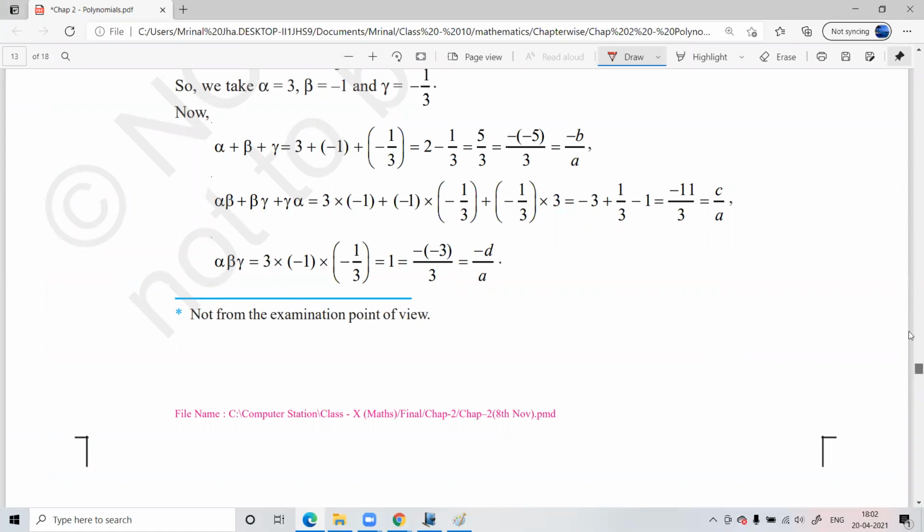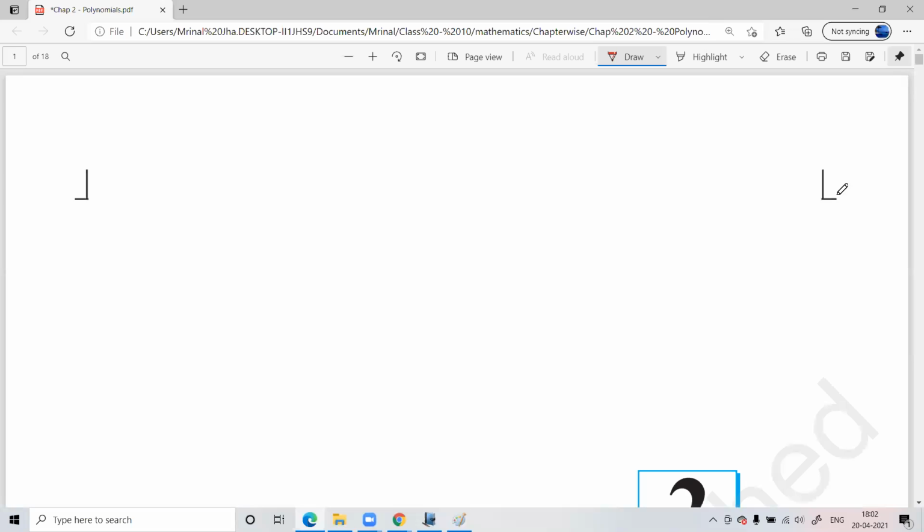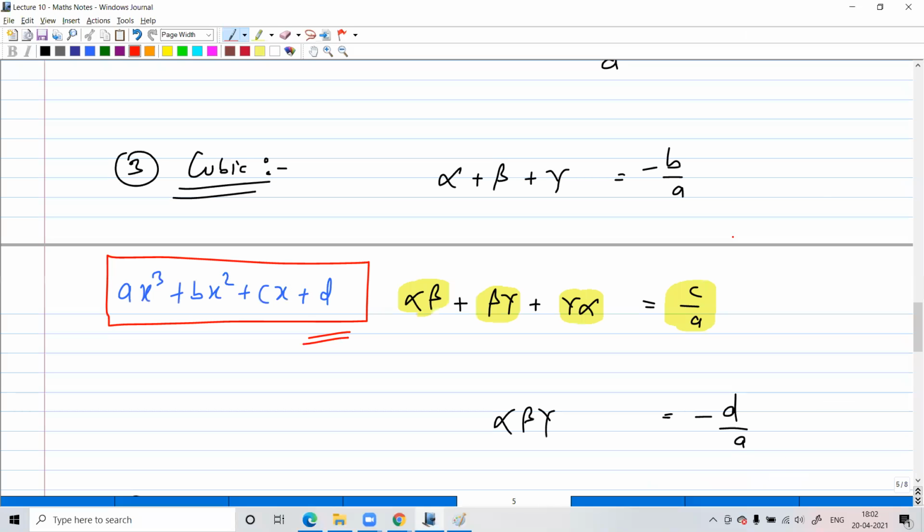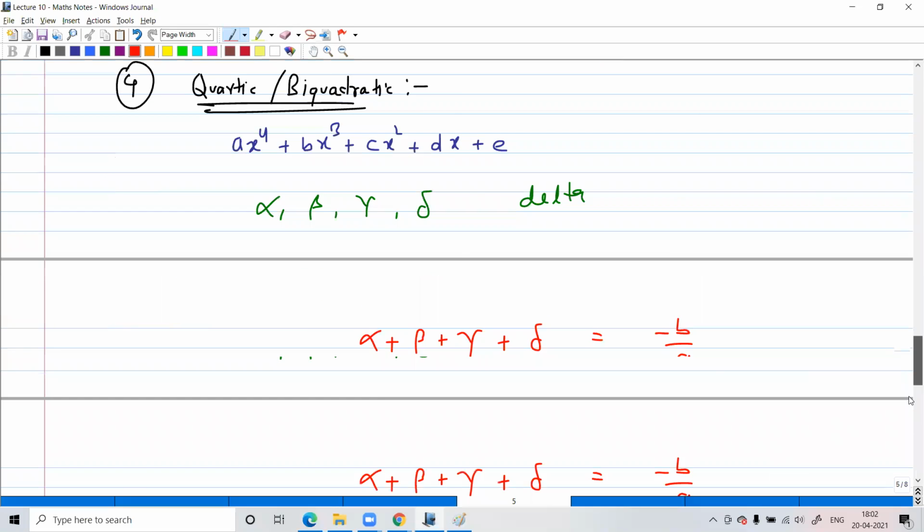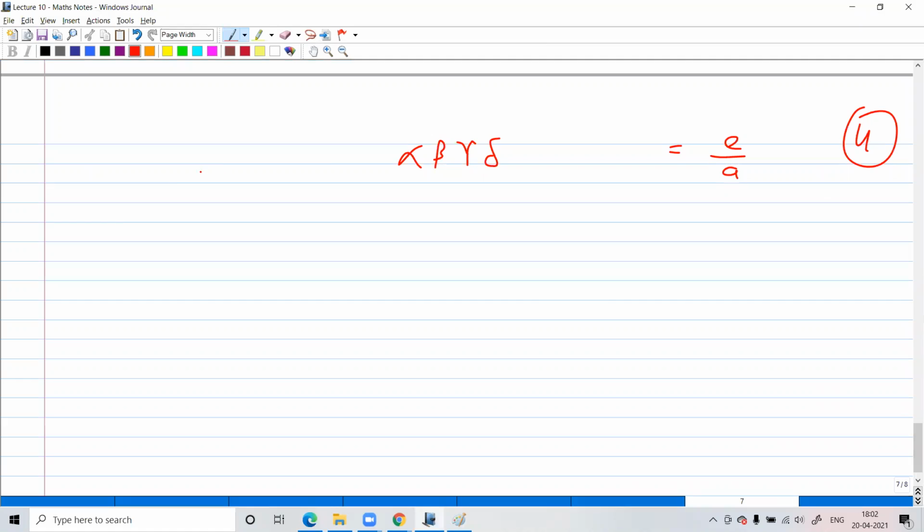I will be giving more questions anyway. Whoever has RS Agrawal with you, you will try to solve questions from RS Agrawal also. If you don't have RS Agrawal and you don't want to buy RS Agrawal, that is also all right. I will share a PDF which will have NCERT exemplar questions.